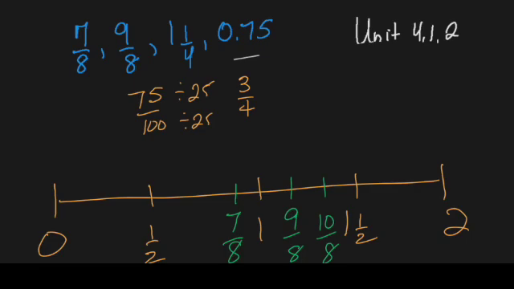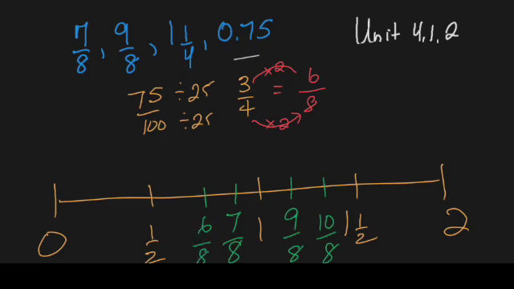And in order to place this fraction on the number line, we would like to get it into eighths. So an equivalent fraction, if we change this to something over 8, since we had to multiply the denominator by 2, we're also going to multiply the numerator by 2, ending up with 6 over 8. And 6 over 8 goes right before 7 over 8.